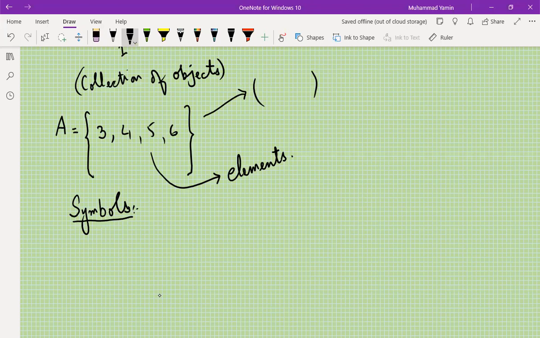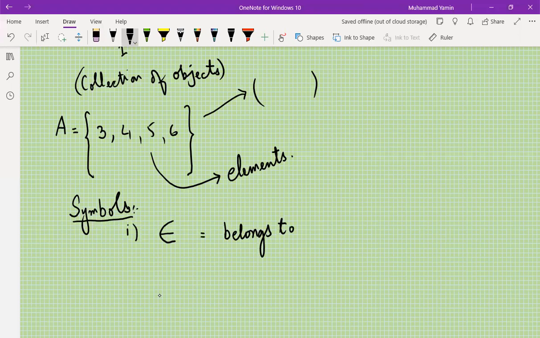The first symbol is this symbol, which is a Greek letter, epsilon. We normally call it E. This refers to the statement 'belongs to'.